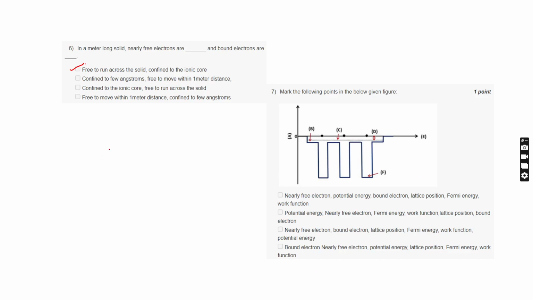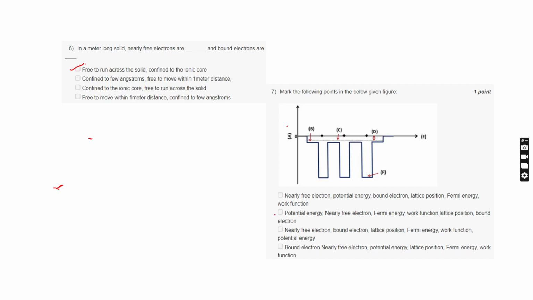If you see this one, nearly free electron, we have to identify the following points, which one is A point, B, C, D, E. So first one will be what? This marking, this y-axis will be potential energy.